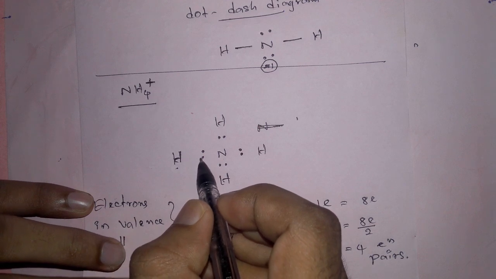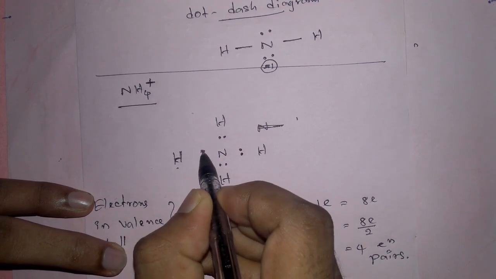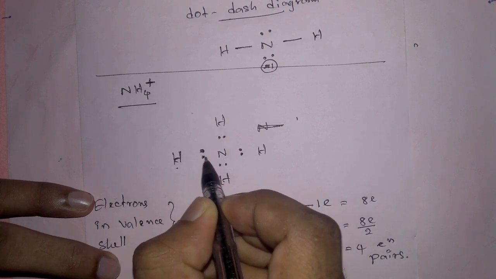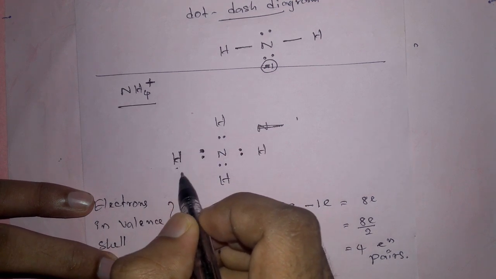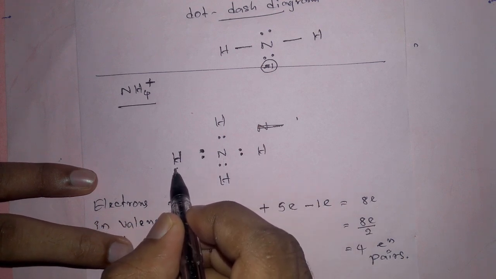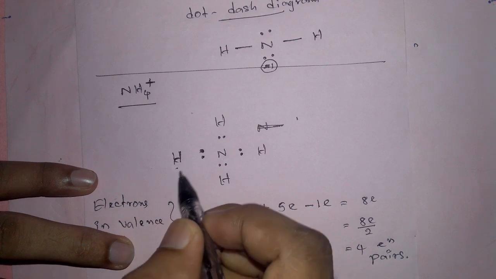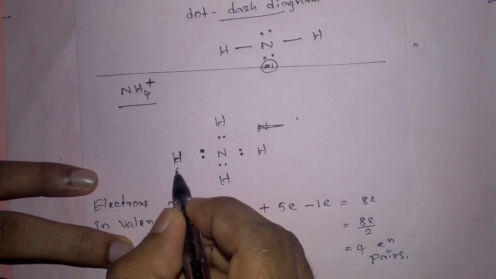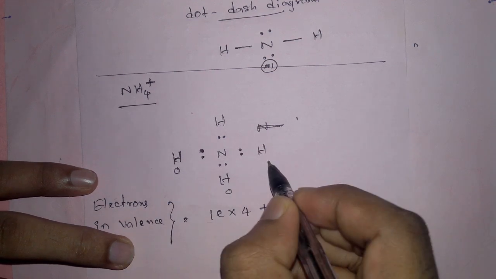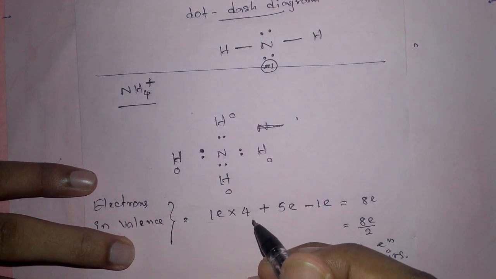We are considering it like that because these 2 electrons form a single bond and only 1 electron belongs to the hydrogen. There is no change in the number of electrons in hydrogen, so its formal charge is 0. This one also has 0 formal charge.